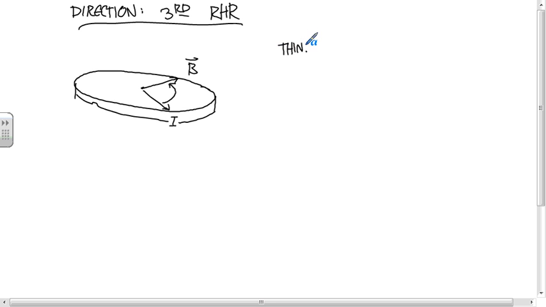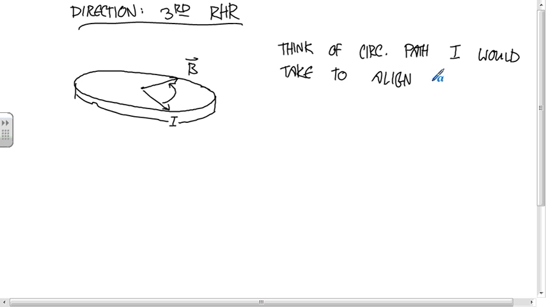So think of the circular path I would have to take to align with B. Again, you have to use the shortest path or else you come up with the opposite answer.